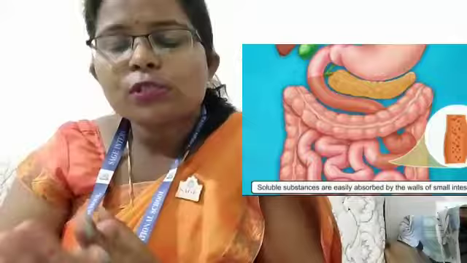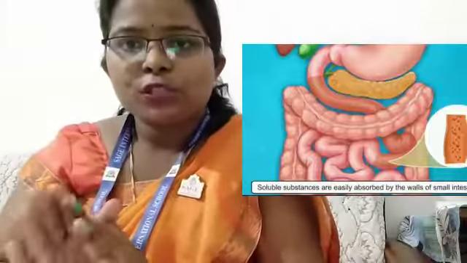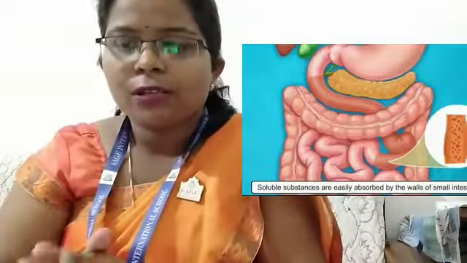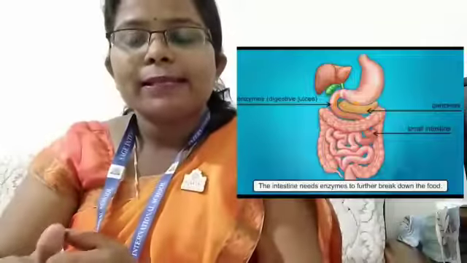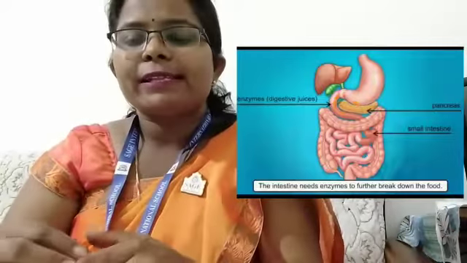And in the small intestine, one more thing, many enzymes are present, and those enzymes do their work. Their work is only to dissolve the food into a more soluble form. Here the process of digestion is finished. So what happens in the small intestine, you can see here also. In the small intestine, all the nutrients are absorbed by the blood streams.